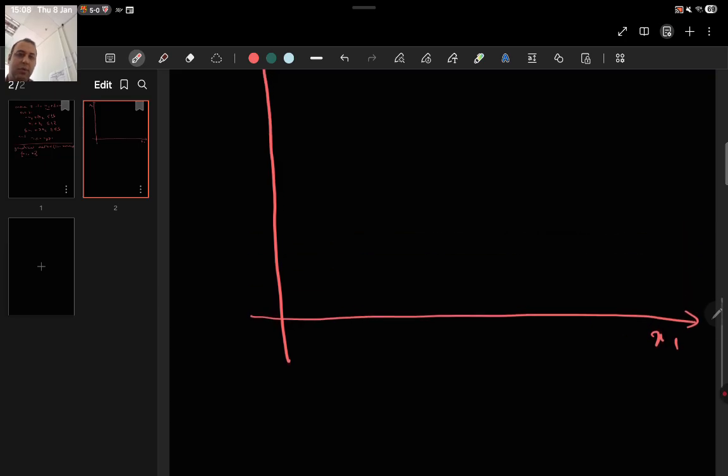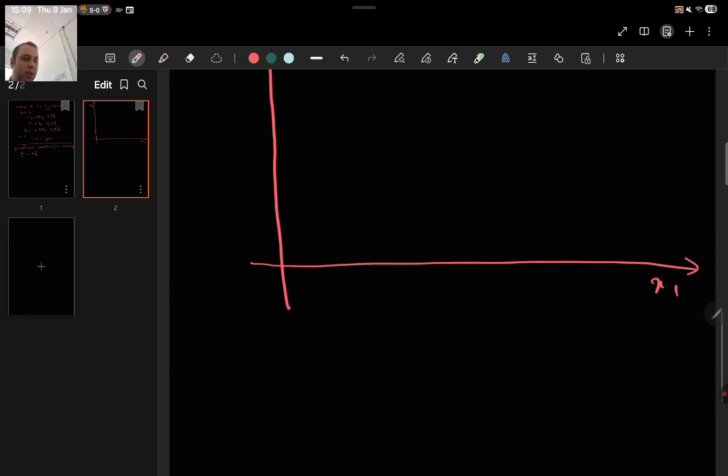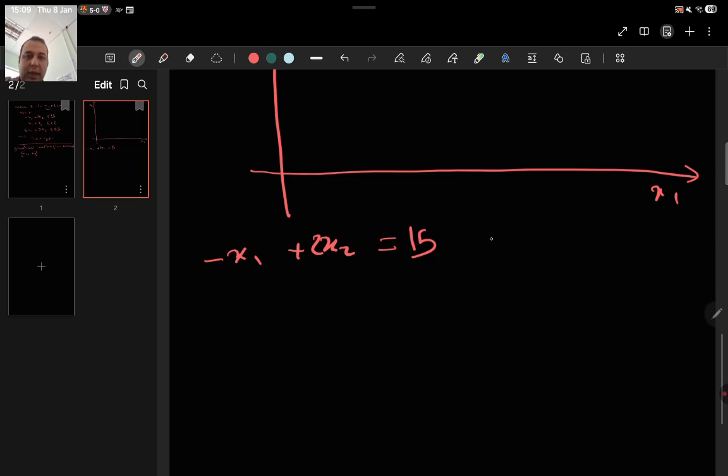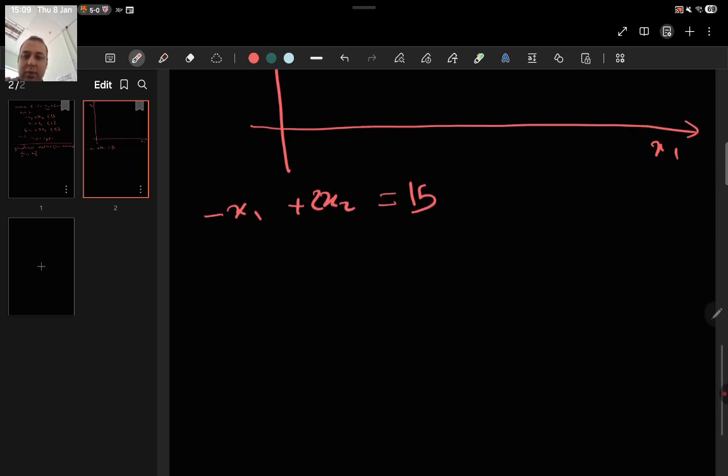Okay, so we are going to find the feasible area. So the first equation we have is minus x1 plus 2x2 less than 15, which we are going to draw, so we can make it equal to 15. We're supposed to have 2 points, where we assume x1 equal to 0 and x2 equal to 0. If we have 2 points, we can draw the linear line.